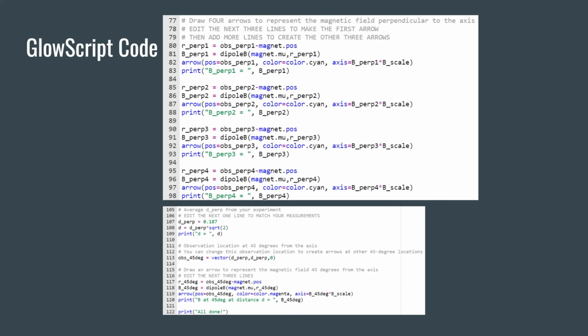I then edited and added lines to represent the magnetic field perpendicular to the axis, and these were represented with 4 arrows. And then I edited, of course, the D perpendicular to be 0.187, as well as edited the magnetic field 45 degrees from the axis to help edit an arrow to represent that value as well.